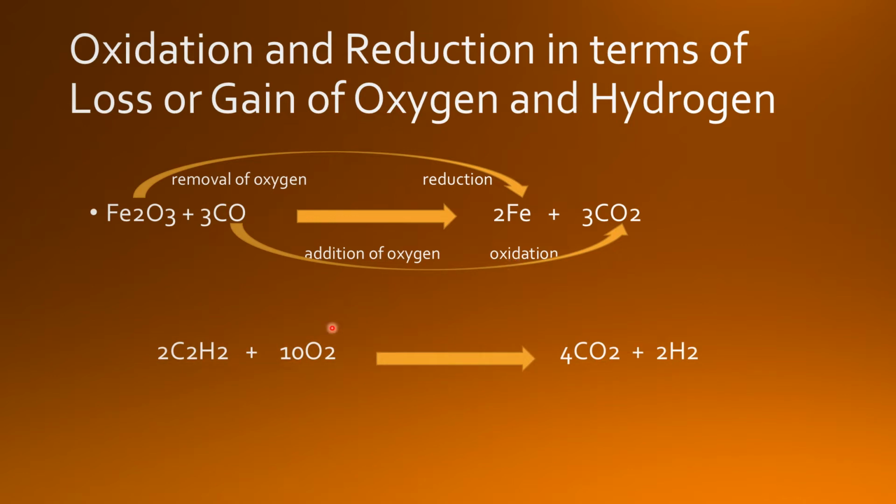In the other example, the oxidation of acetylene, oxygen reacts with acetylene and the products are carbon dioxide and water. Here we can see that acetylene is a combination of carbon and hydrogen, and after reacting with oxygen this acetylene changes into carbon dioxide.